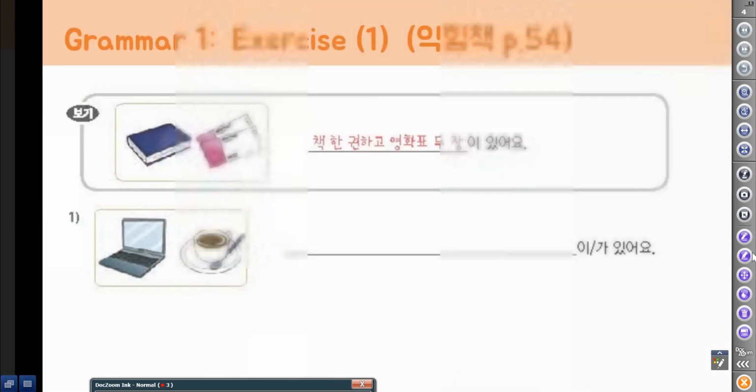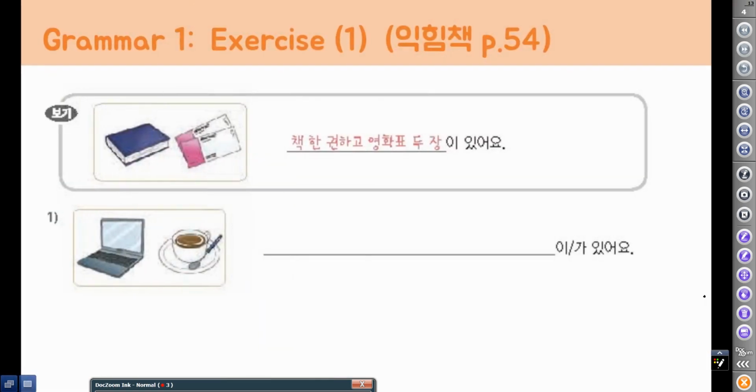Okay, so let's practice. Look at the picture and write a sentence. Here is a book, and this is a ticket. Ticket is usually 표, but what kind of ticket? It's a movie ticket. So 영화표, movie ticket.